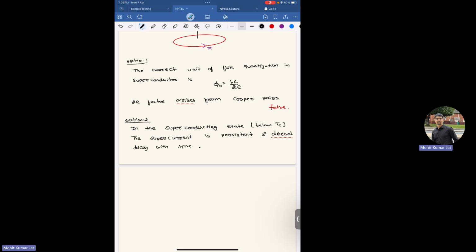And likewise the magnetic field, if external conditions do not change. So this statement is true.